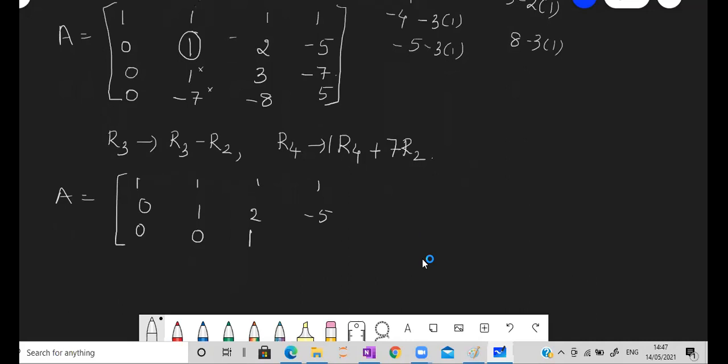Minus 7 minus of minus 5 is minus 2. Now the last row, R4 plus 7 R2. If you apply this, surely it is 0. Here it is 0. Next, this is also 0. Next, minus 8. Tell me what is the corresponding element for R2? It's 2. Minus 8 plus 7 into 2 is how much?